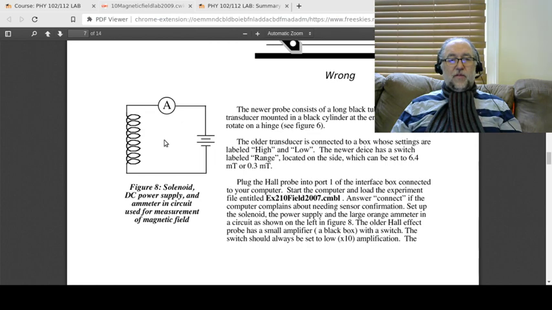You would have applied a current, put the Gauss meter in there, and measured how many milliteslas of magnetic field you get per amp. Then you would have verified that formula. Well, we're not going to do that. You're going to look at that YouTube video and use those two values.